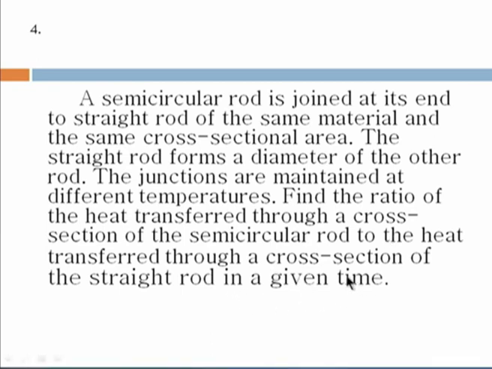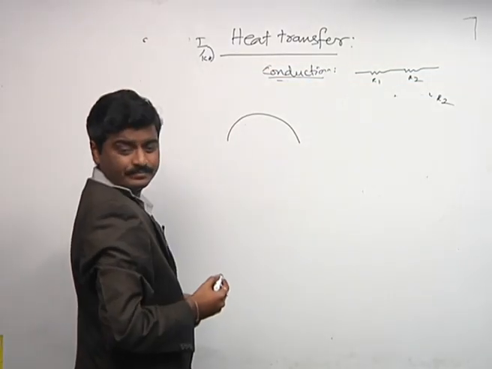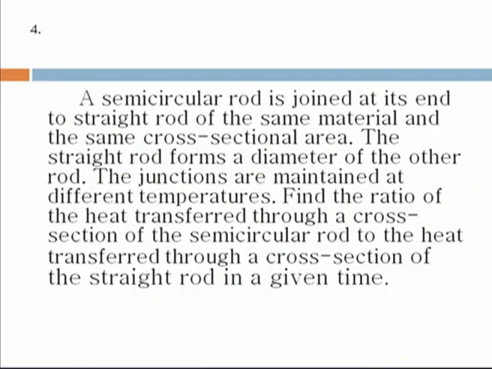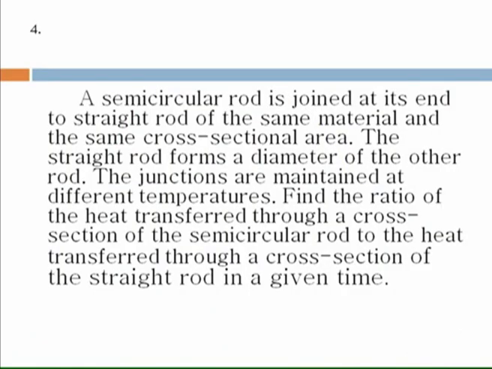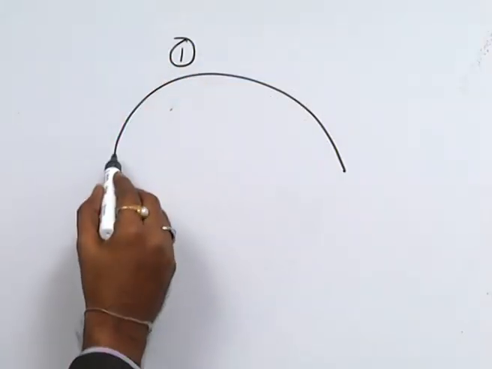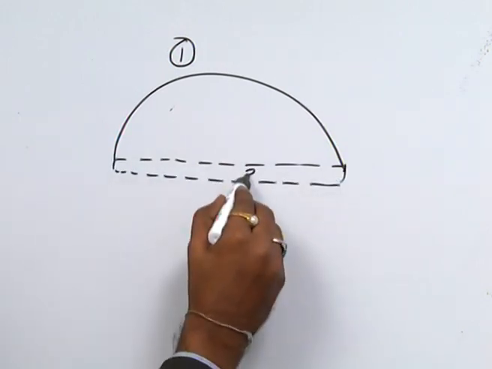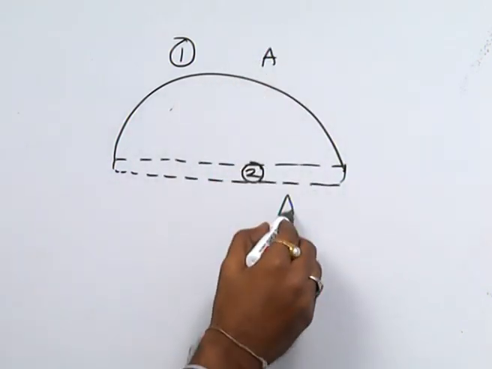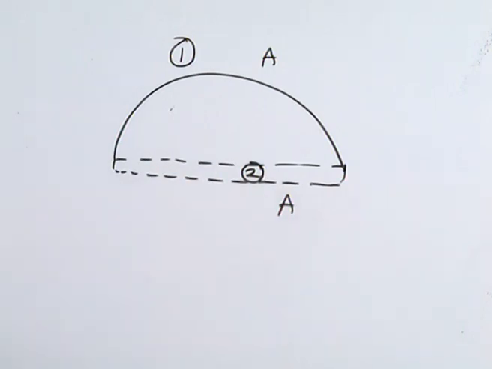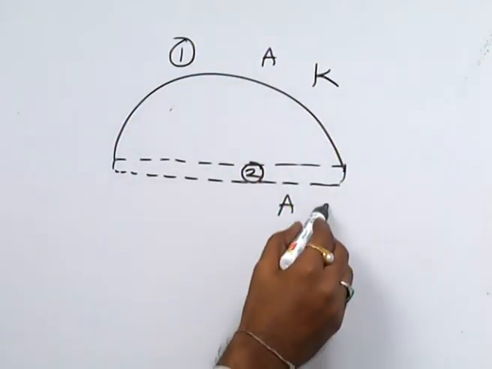So there is a combination of two metal rods. One is semicircular like this, joined at its ends to the straight rod. Again the straight rod forms the diameter. That means this is metal rod 1, this is metal rod 2. Both have the same A, and both are of the same material, so the coefficient of thermal conductivity K is also the same.